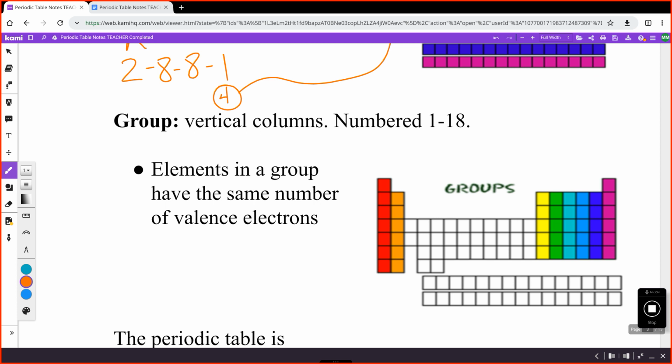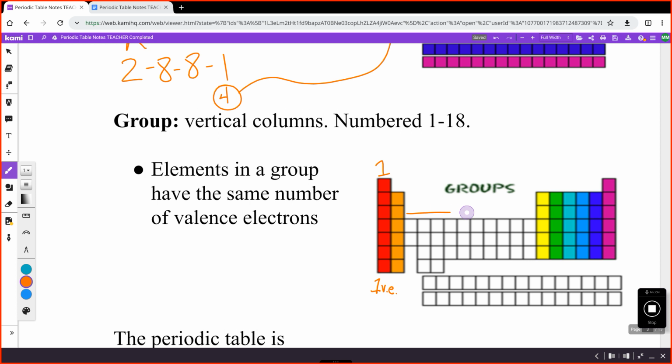Again, everything on the table has a specific reason for being the way it is. Elements in a group have the same number of valence electrons. And that is a similarity amongst them. So this is group 1, and things fall in group 1 because they have 1 valence electron. Okay.